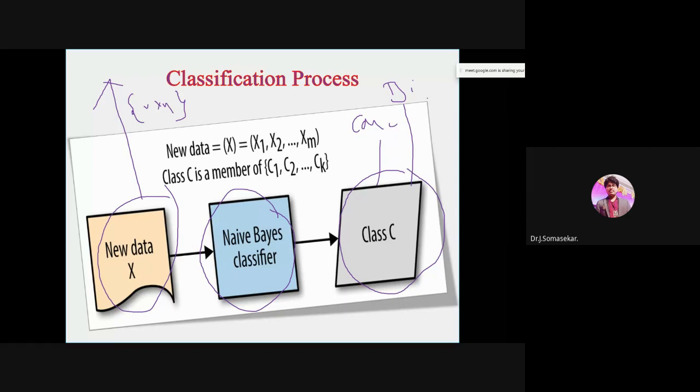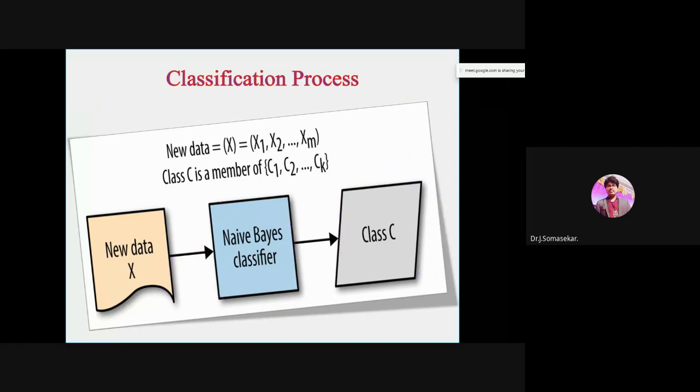So this is the basic classification process for the given data set. We know how to find the probabilities for each class using the Naive Bayes classifier, and based on that we can go for the final class. Class is nothing but the output, or we can call it a label, or a supervision.